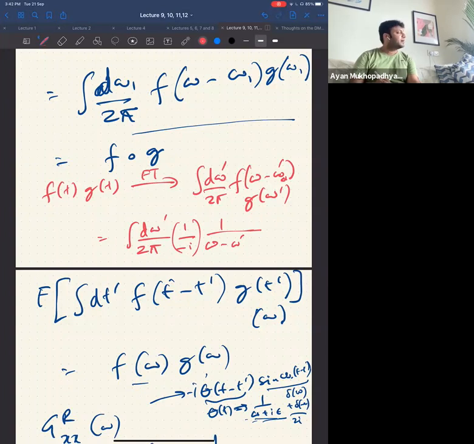So I just simply replace omega with omega minus omega prime, and then I get plus i epsilon and g(omega prime). And what is g(omega prime)? It is the Fourier transform of sine omega naught t, which is simply delta of omega plus omega naught minus delta of omega minus omega naught, by 2i, right? So you see that here I get i times minus i becomes 1, and I simply get omega minus omega prime plus epsilon, by 2.